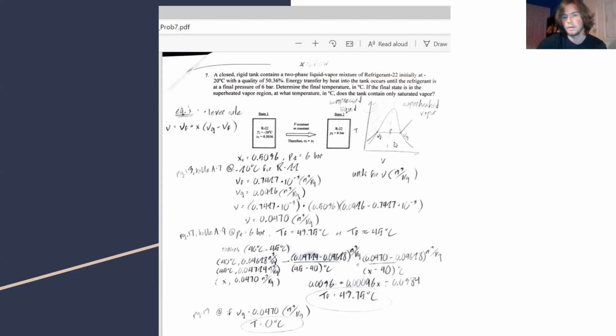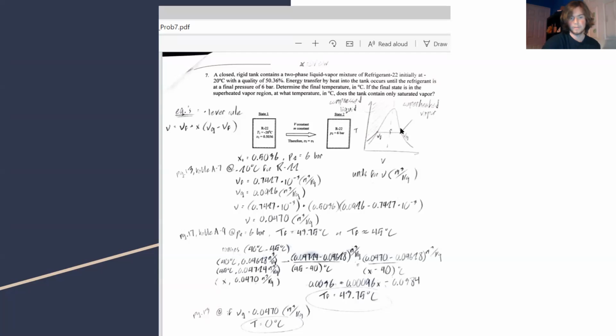You have your compressed liquid phase here, your superheated vapor phase on this side, and your vapor dome here. The values directly on the vapor dome are your saturated liquids, and this is your saturated gas. So here, this is 0.0470, and we're trying to find the temperature related to that.